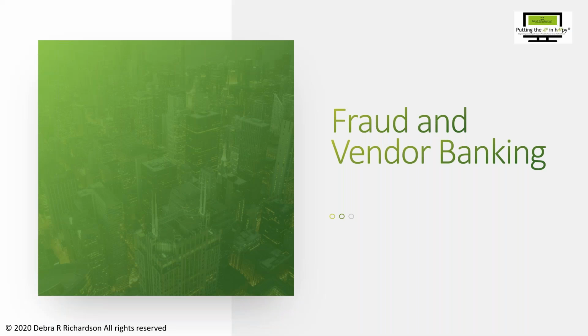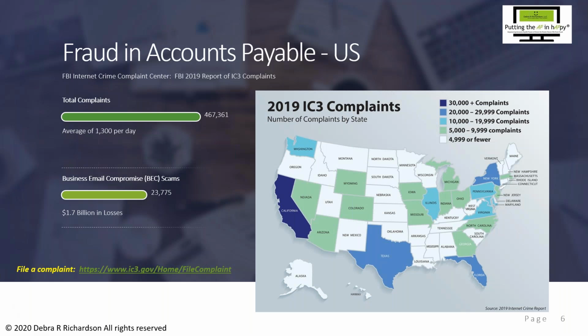So let's talk about fraud in accounts payable and the collection and update of vendor banking. Looking at the US first, this is the US map, and the stats are taken from the FBI 2019 report of IC3 complaints. You can check your state to see where you fall.